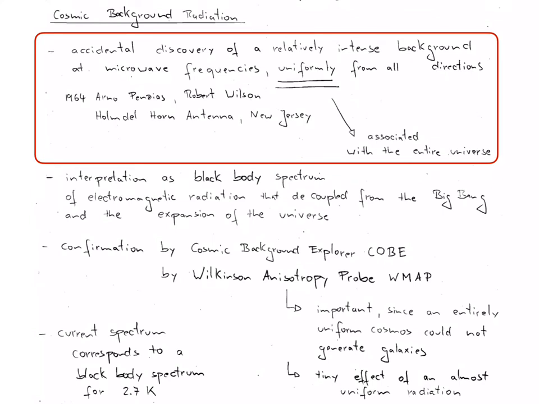Penzias and Wilson discovered a relatively intense background at microwave frequencies with their antenna that, interestingly, was uniformly coming from all directions. The fact that this is a uniform signal, that is direction independent or isotropic, suggests that it should not be associated with a particular stellar object, but with the entire universe.